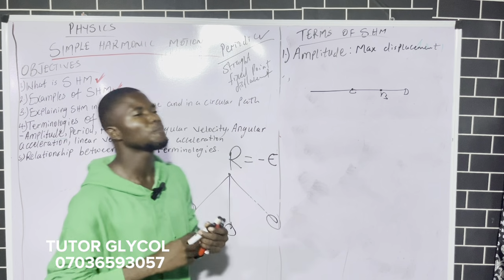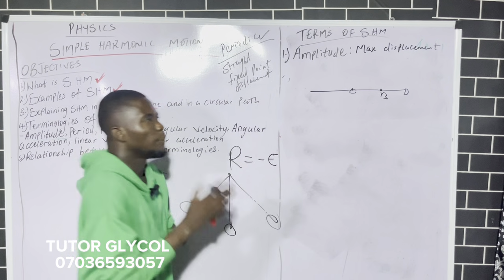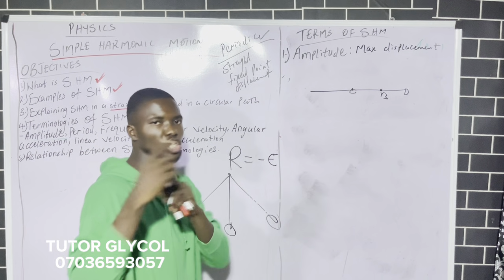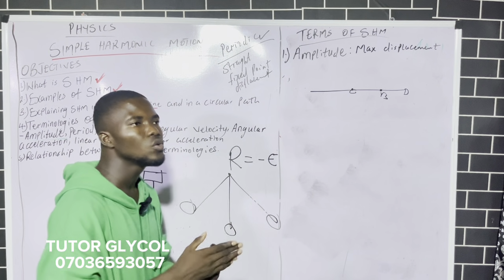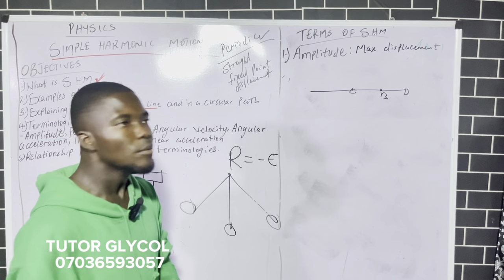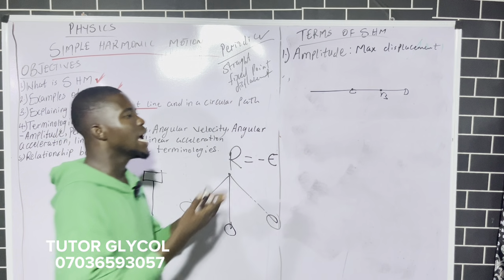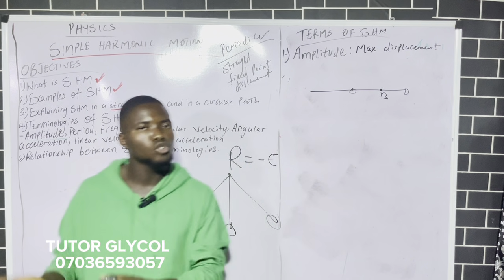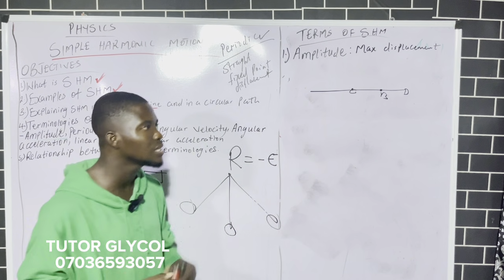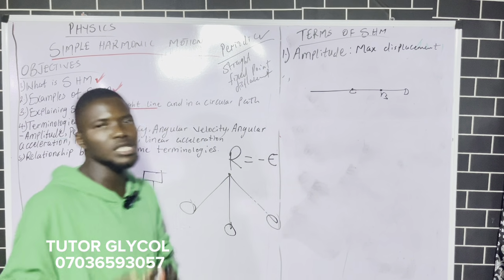Your ability to interpret physics questions gives you an edge in solving them. Sometimes this is where students get confused, because the question comes like this: a particle undergoing simple harmonic motion displaces 3 centimeters, and its maximum displacement is 5 centimeters.